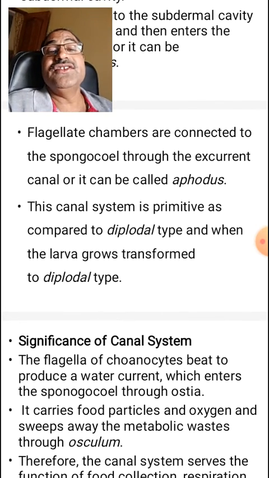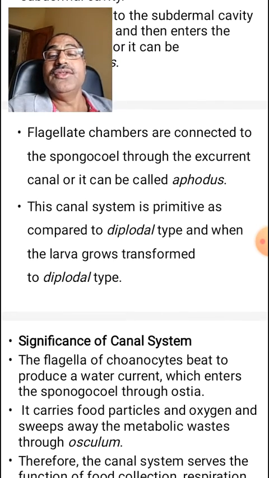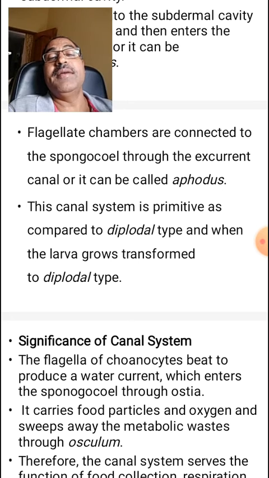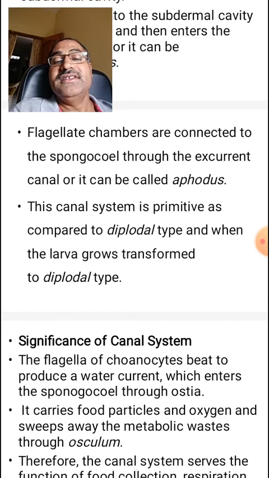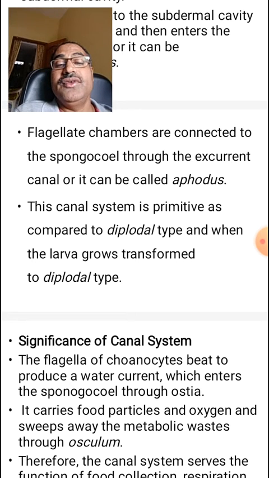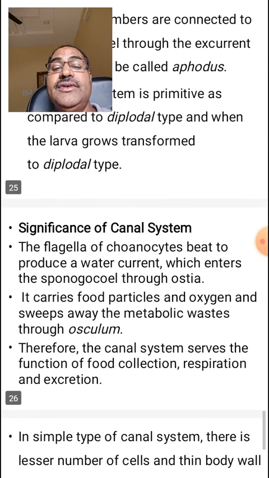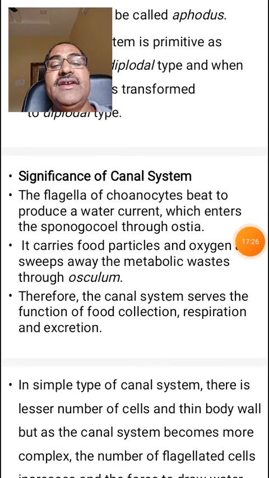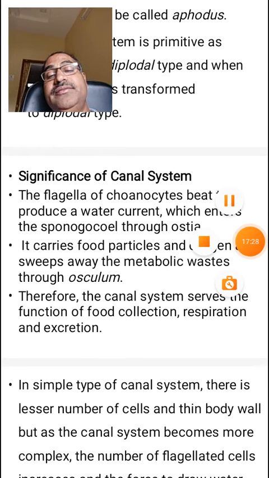The flagellated chambers are connected to the spongiocele through the excurrent canal, which can be called aphodus. This canal system is primitive as compared to the diplodal type, and when the larva grows it is transformed to a diplodal type.